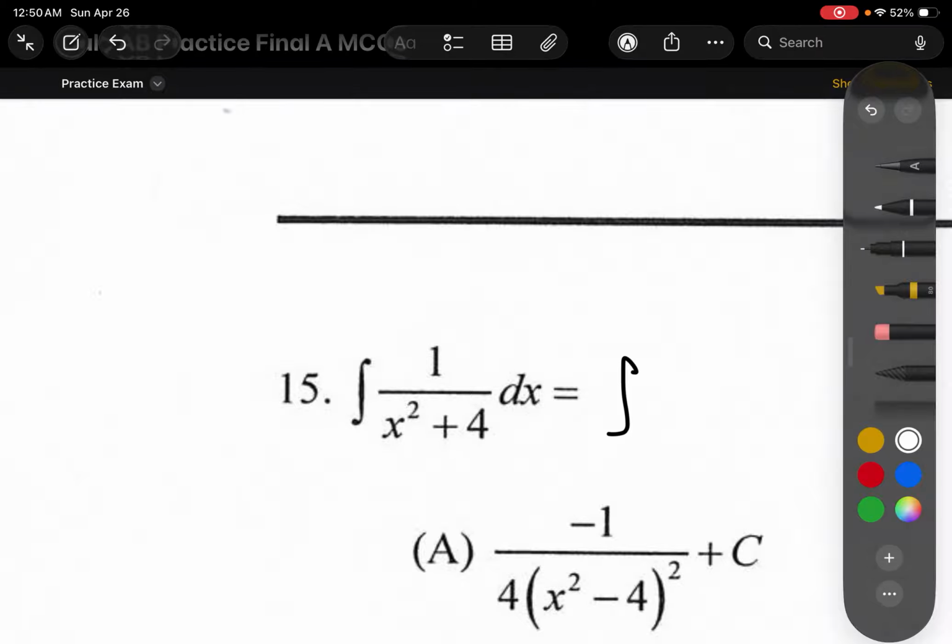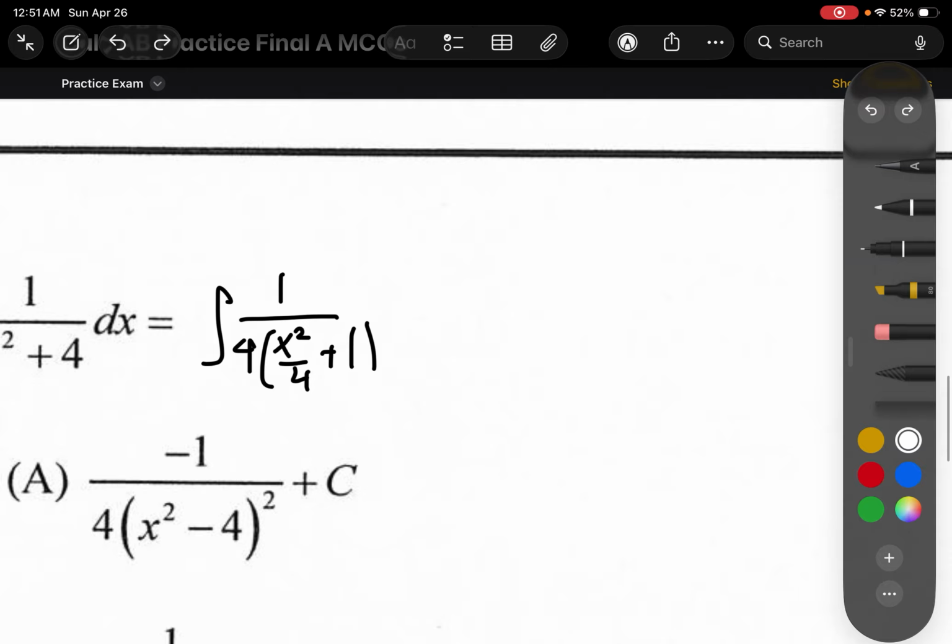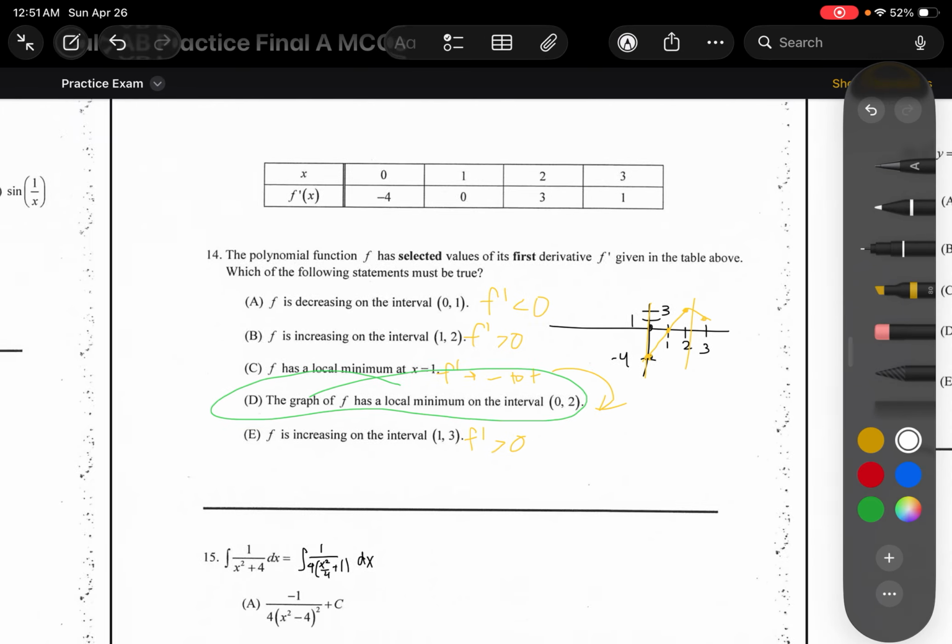You can rewrite this integral as 1 over 4, you factor that out, times x squared times 4 over 4 plus 1. Meaning when you factor the 4 back in, that 4 cancels out, and when you factor that 4 back into the 1, it's going to be 4. So it's going to be x squared plus 4 again, which is why you can simplify this. You could test if this is reversible or not, but it is. So it's going to be dx.